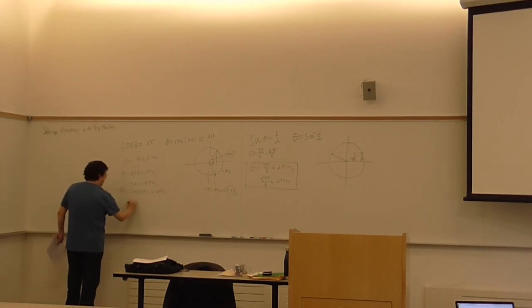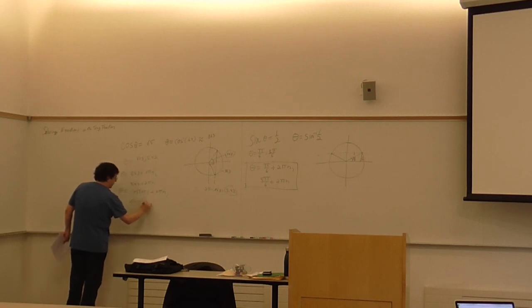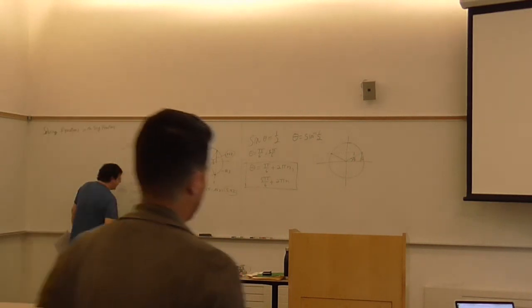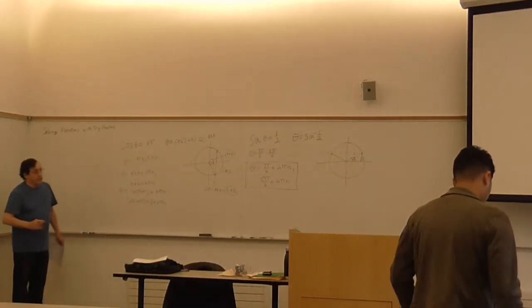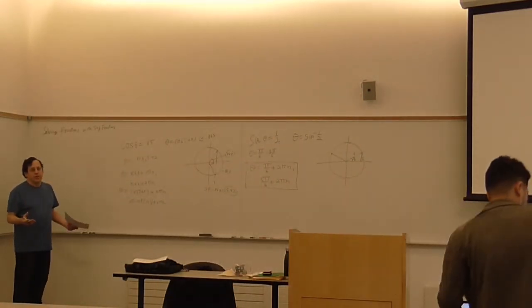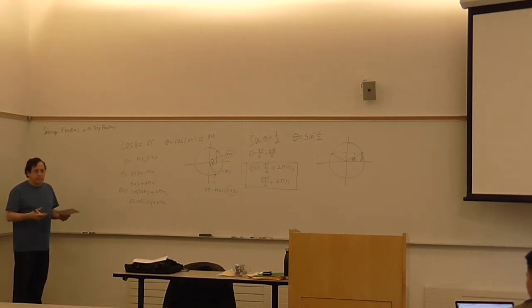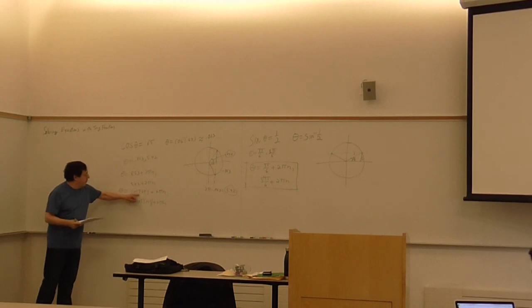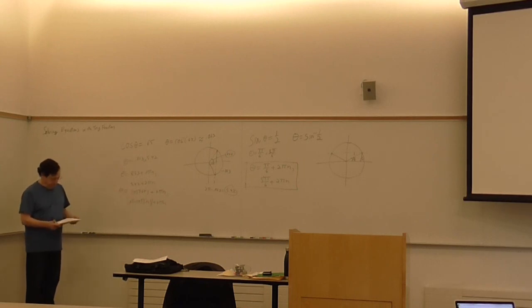And then again, here we could have 2 pi minus inverse cosine of 0.65 plus 2 pi n. And then we would have all the solutions listed as exact values, even though we can't resolve this to an exact value. Okay, that's how we solve these basic equations.